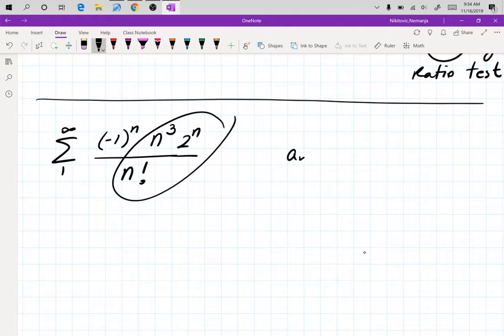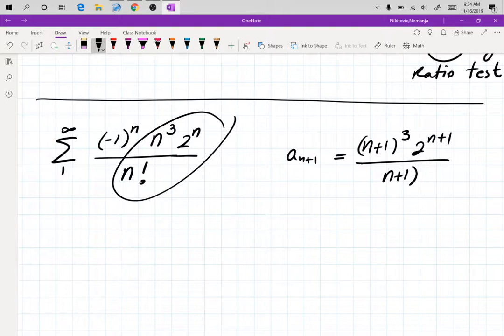So we need to create a_(n+1), which is (n+1)^3 times 2^(n+1) divided by (n+1) factorial. That was our a_(n+1), and now we stuff all of that into the limit as n goes to infinity. These absolute values are the ones that kill all of those (-1)^n or (-1)^(n+1), so we don't need those.